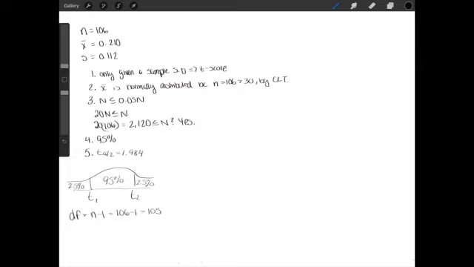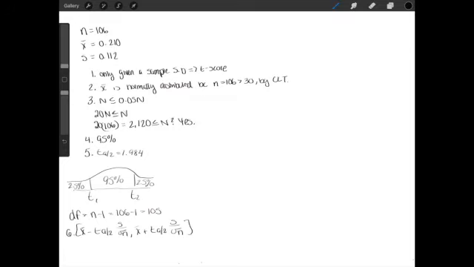Now I'm going to step 6 to solve. The equation is x bar minus t alpha over 2 times standard deviation over square root of sample size, and x bar plus t alpha over 2 times standard deviation over square root of sample size.